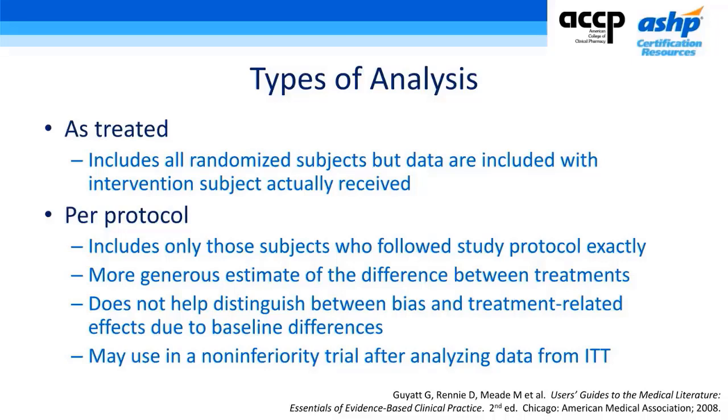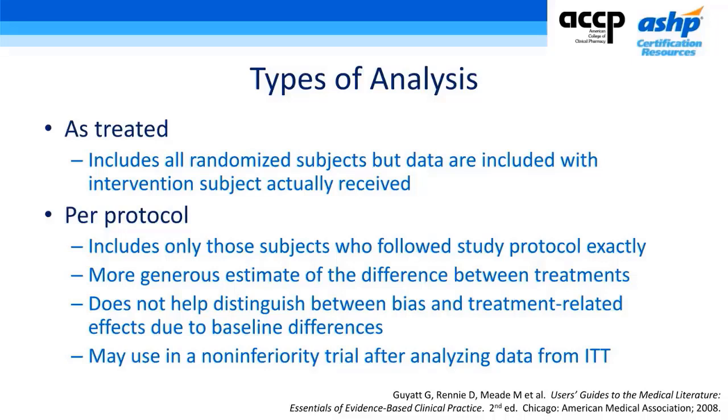Now, per protocol includes only those subjects who followed the study protocol exactly. Now, in the real world, we know this is very difficult to achieve. This type of protocol does not help distinguish between bias and treatment-related effects due to baseline differences.